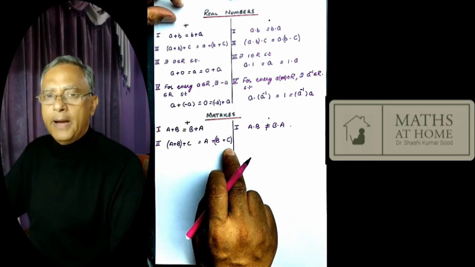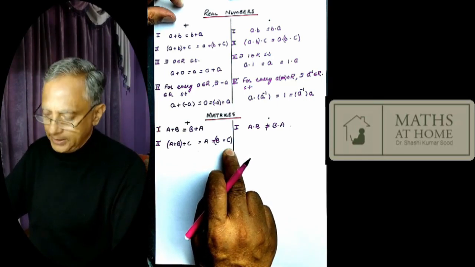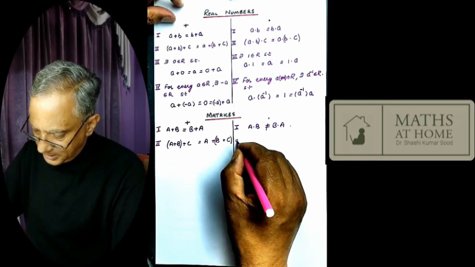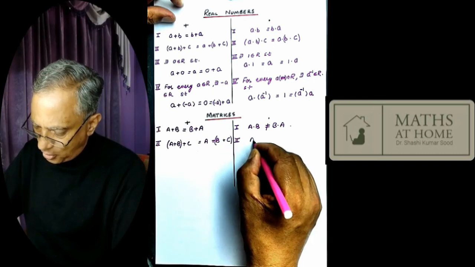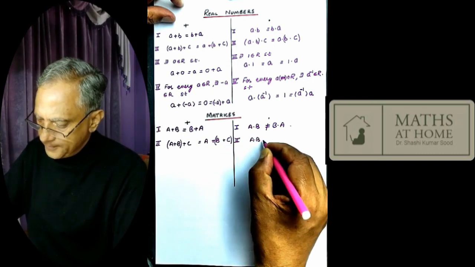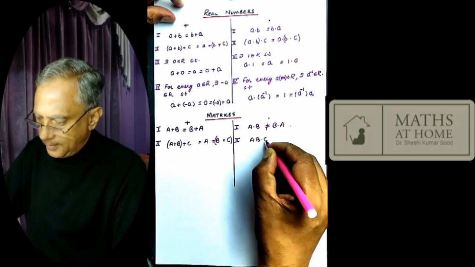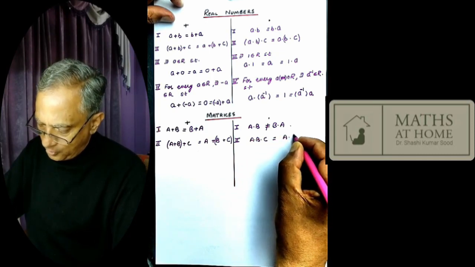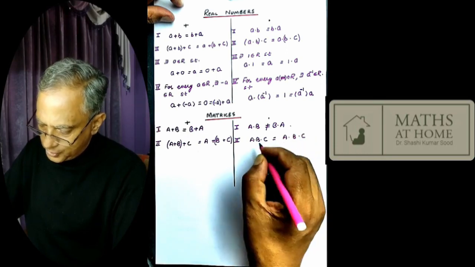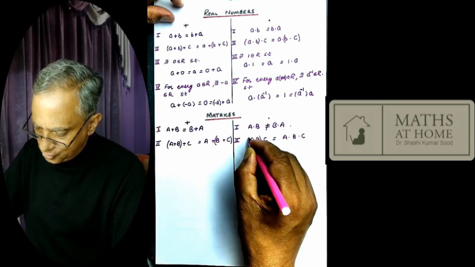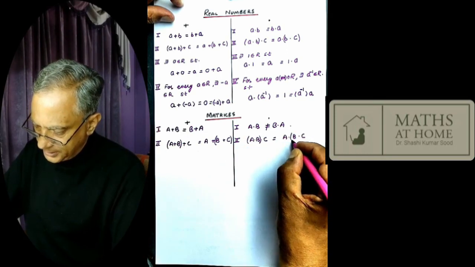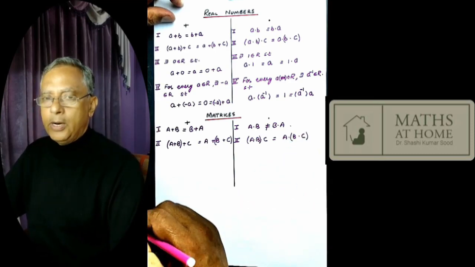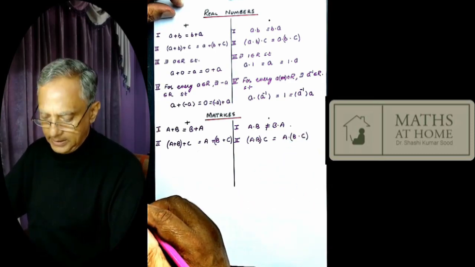Associativity is true for matrix addition, and similarly associativity is also true for matrix multiplication. A into B into C. If we associate these two or we associate these two, the result will be same.